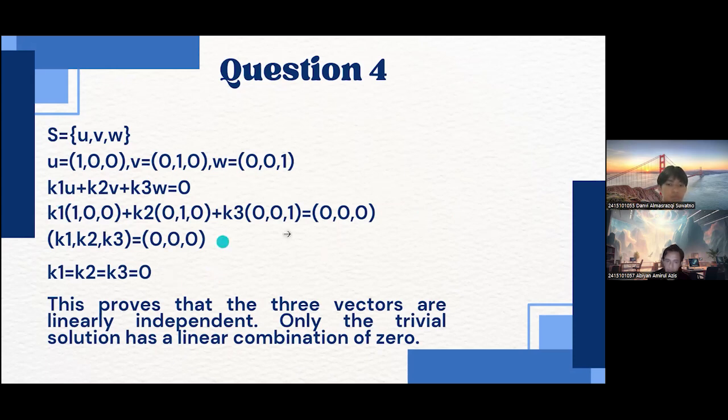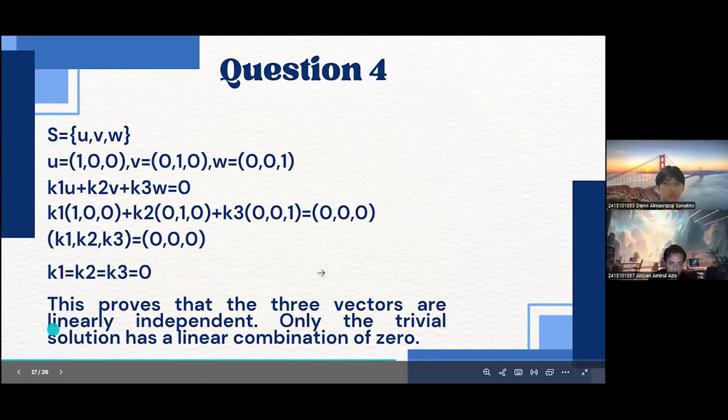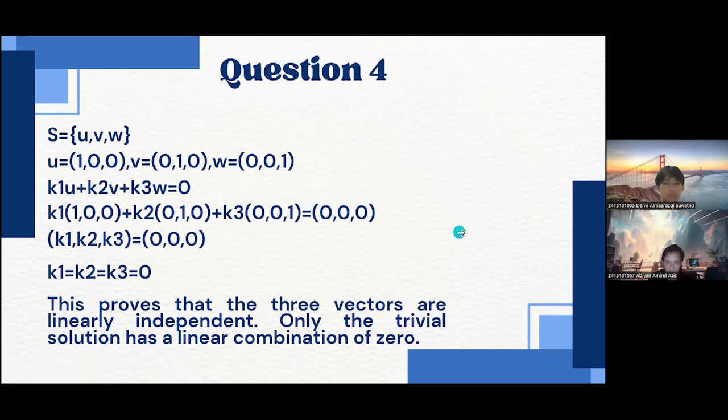We substitute these as the result of the addition with k1 until k3. Then the result of the addition is (0, 0, 0) for k1 until k3, and the only way for this equation to be true is that k1 equals k2 equals k3 equals 0.